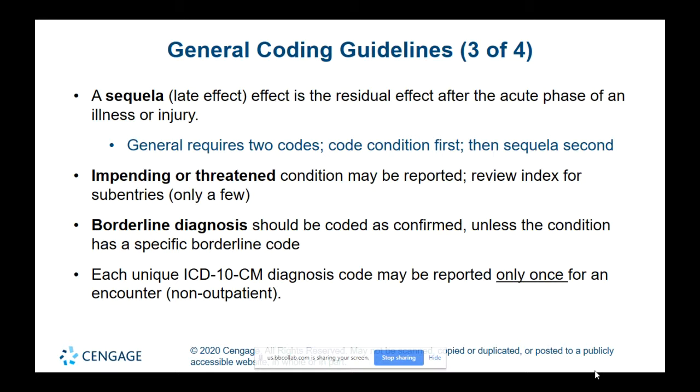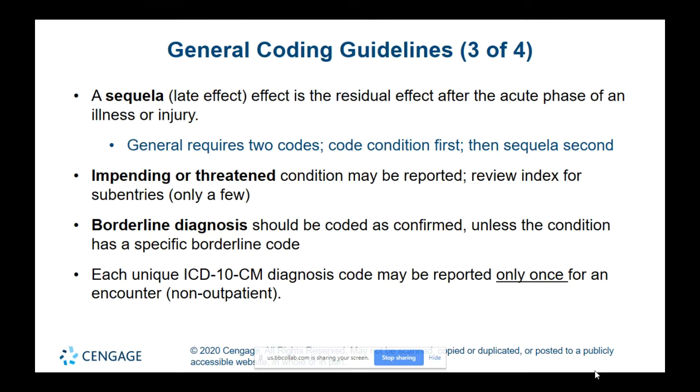Borderline diagnosis can be coded as a confirmed diagnosis unless there's a specific borderline code listed for that. So, kind of the same example, if the documentation says borderline high blood pressure, if you go look under blood pressure, high, there is a borderline option available.